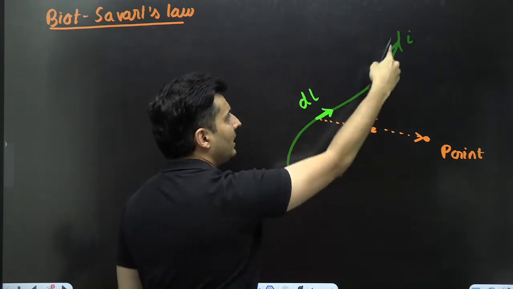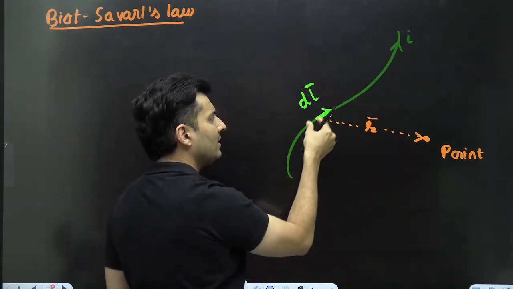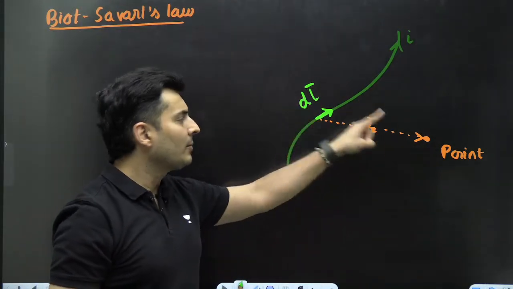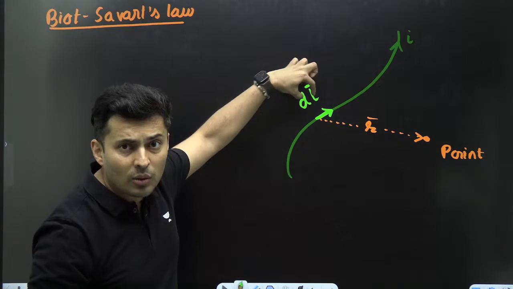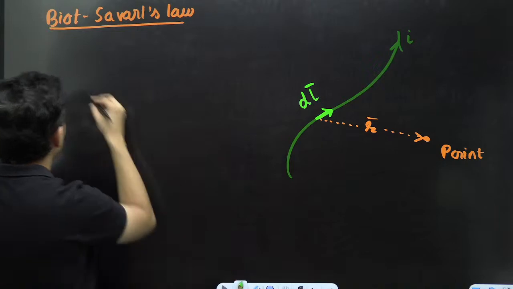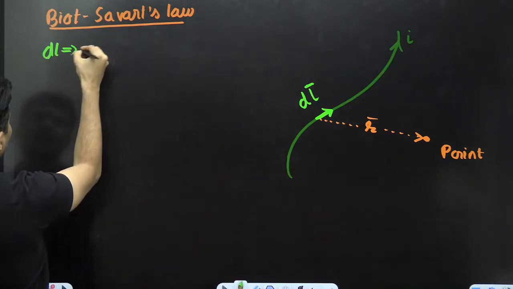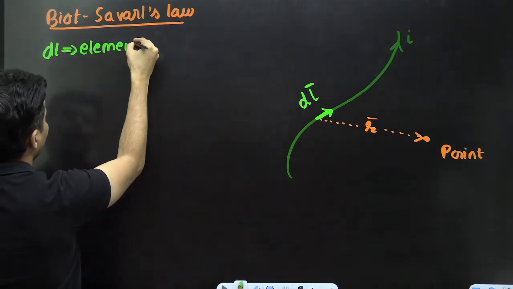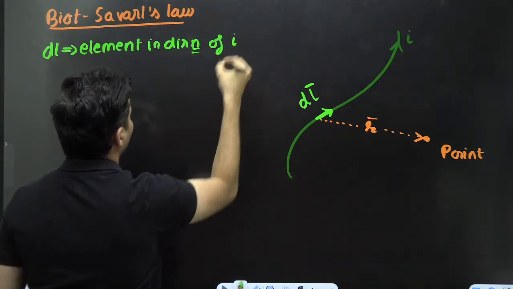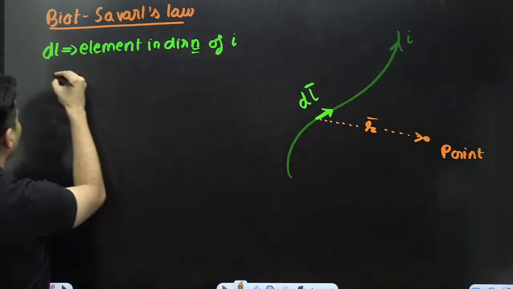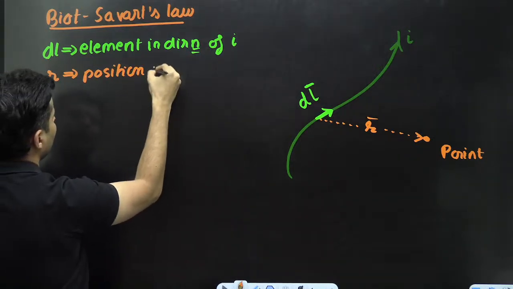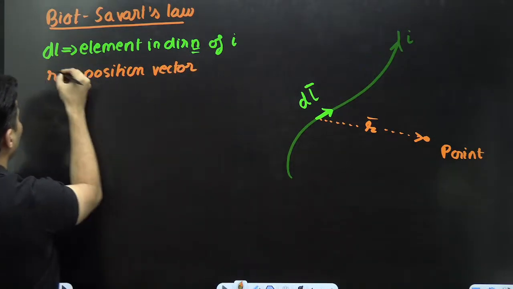The direction is given by the direction of the current. So if the current goes like this, dl is the small element which generates the magnetic field here, a vector quantity, and r is the position vector of that point. dl is the element in the direction of the current. r is your position vector where you want to find the field.